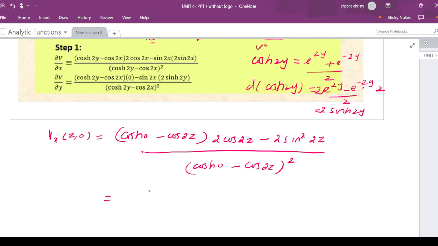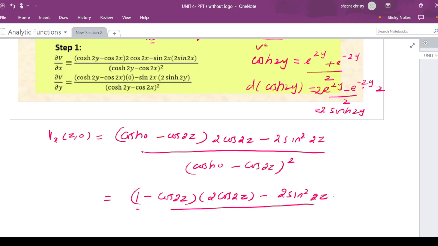So here cos hyperbolic 0, we know that it is 1, minus cos 2z into 2 cos 2z minus 2 sin square 2z divided by 1 minus cos 2z the whole square.